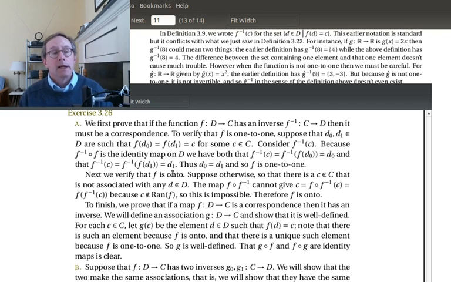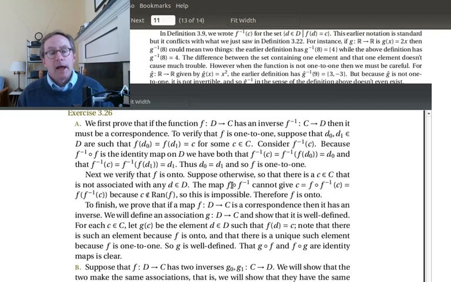Okay. And next, we're doing onto. So we suppose that f is not onto. So we suppose that there's a c with no associated input d. So there's an output c but no associated input d. There's a c in the codomain, but no associated d in the domain.